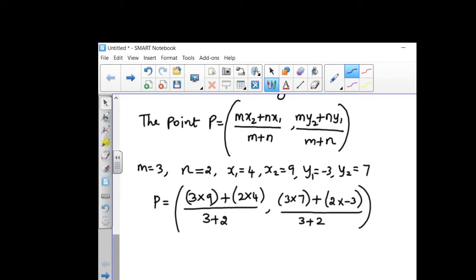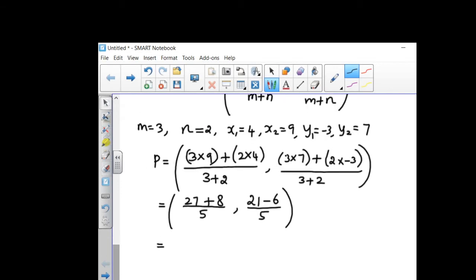So what do you get? 3 into 9, 27. Plus 2 into 4, 8, divided by 5. Then next one, 3 sevens are 21. Then 2 threes are 6, so minus 6, divided by 5.